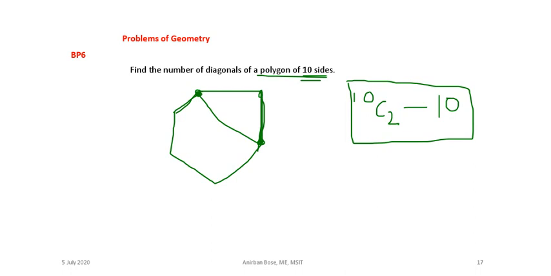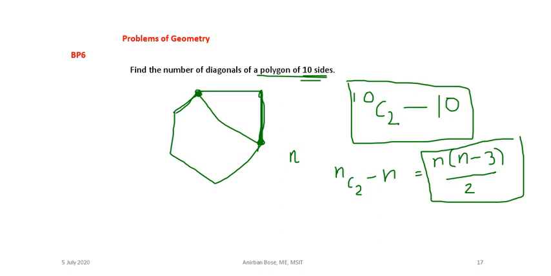If there are n sides, then how many diagonals are there? There will be nC2 minus n diagonals. If you simplify, you will find this as n times n minus 3 divided by 2 diagonals. So you can also remember this as the formula for the number of diagonals in a polygon of n sides.